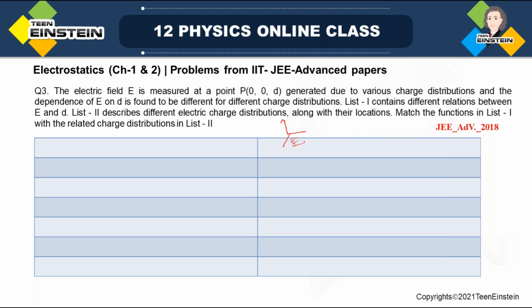So if this is the plane, it is measured at some distance D over here. Suppose this is Y, this is X. So it is measured at D distance, generated due to various charge distributions.